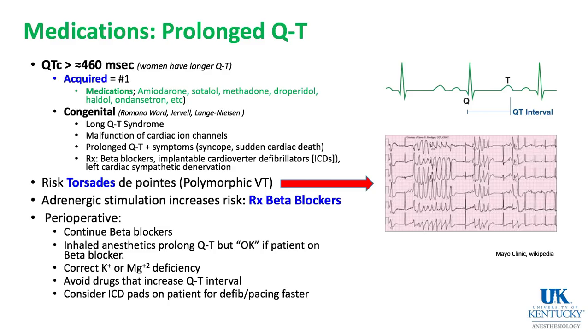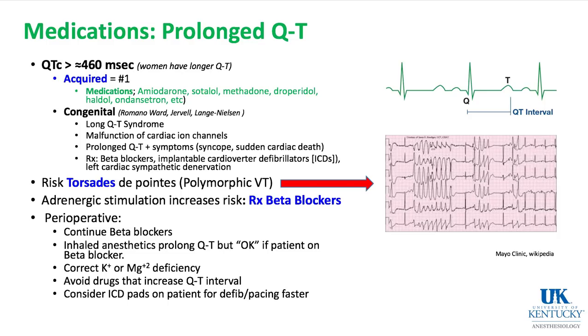And the treatment for it is to avoid these drugs, first of all, but magnesium can be used, and to avoid adrenergic stimulation. And these patients are usually on beta blockers, and we should continue these beta blockers, very important to do in patients with prolonged QT interval.